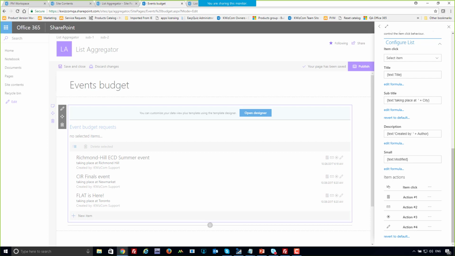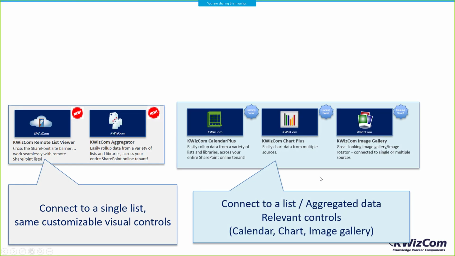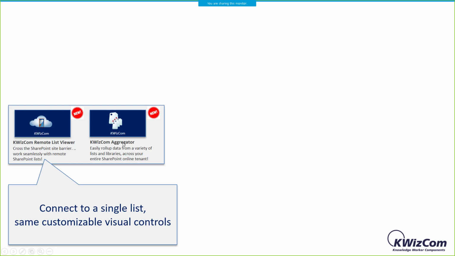Let me go back to recap and summarize this. So what I showed you so far is just the QuizCom List Aggregator. My main point is that it can connect to many data sources, so you can run aggregations or queries across site collections.